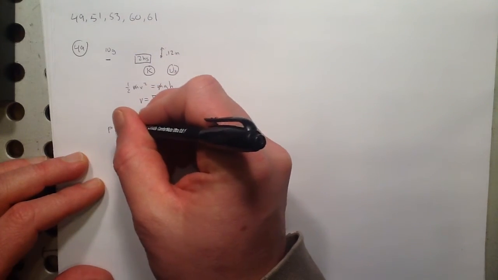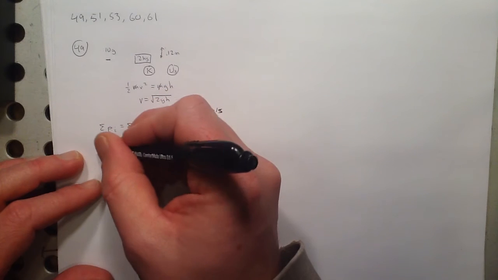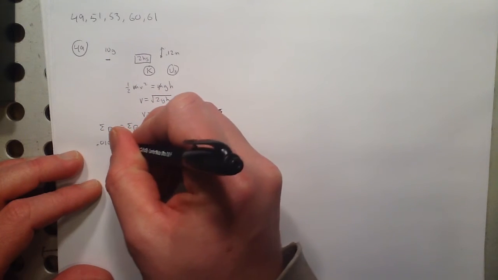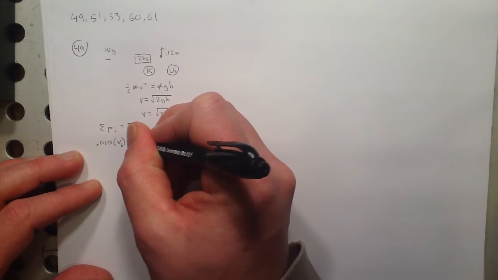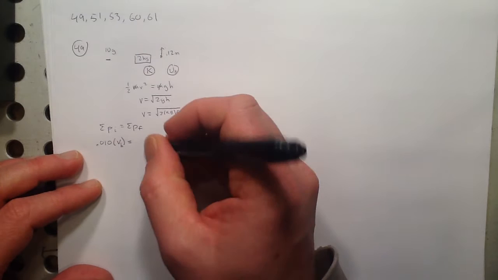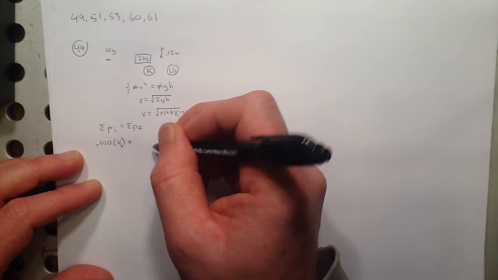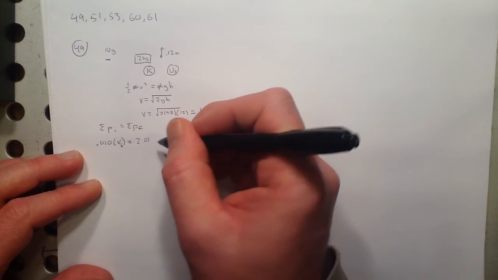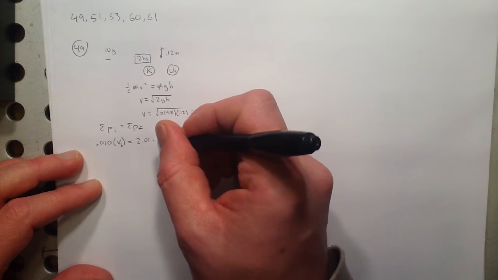And now we can do the momentum calculation. Momentum before equals momentum after the collision. The momentum before is the mass of the bullet times the velocity of the bullet, which we don't know. And that's equal to the momentum of the block with the bullet in it, which is 2.01 times the velocity that we found here.